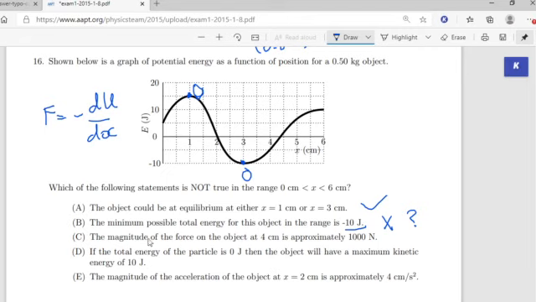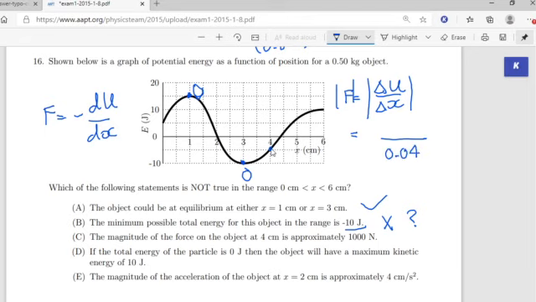Okay, the magnitude of the force on the object at 4 centimeters is approximately 1,000 newtons. So this is 4 centimeters, and we said force. Well, the magnitude should be delta U over delta X, and we said it's 4 centimeters, but we wanted meters, so it's 0.04.